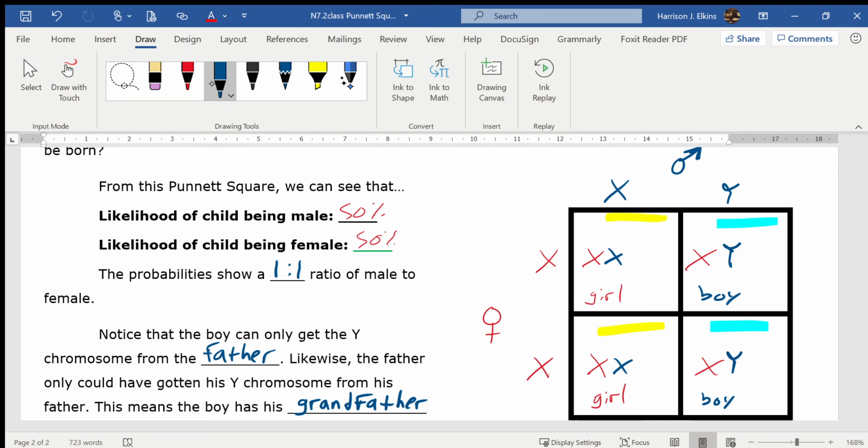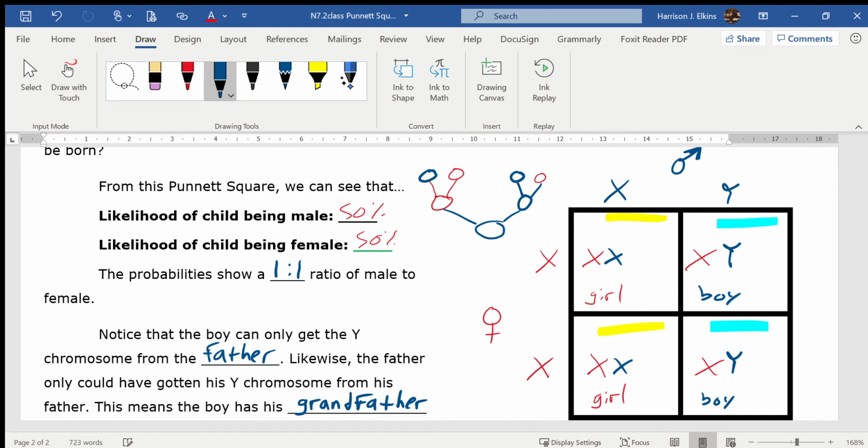Okay, if we kind of thought of, here's grandpa on the mom's side, grandpa on the dad's side, grandma on the mom's side, grandma on the dad's side, and they have, here's the mother, and then here's the father. All right, and then here's the boy.